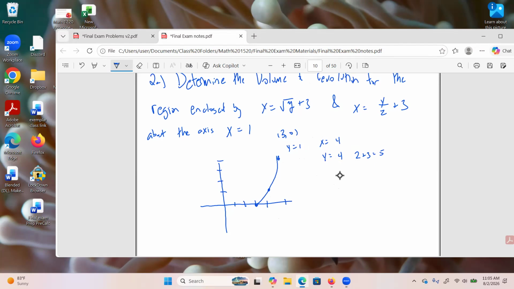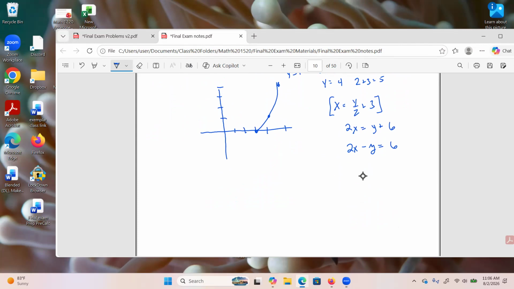The next thing we have to deal with is x equals y over 2 plus 3. You can graph this any way you please. If we multiply everybody by 2, we have 2x equals y plus 6. Rearranging, 2x minus y equals 6, or y equals 2x minus 6, which is a y equals mx plus b, a real easy thing to figure out.